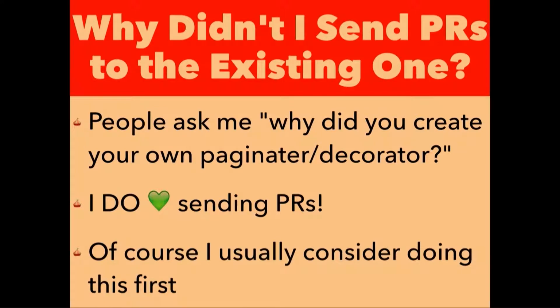I didn't even send a pull request to change Draper to the way I like. I love sending pull requests to other people's products, so of course, I usually do this first, but not always.